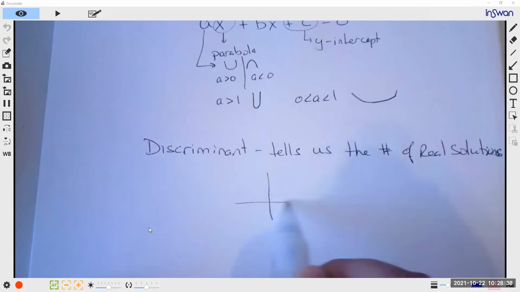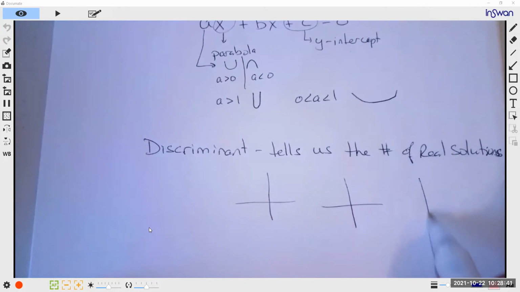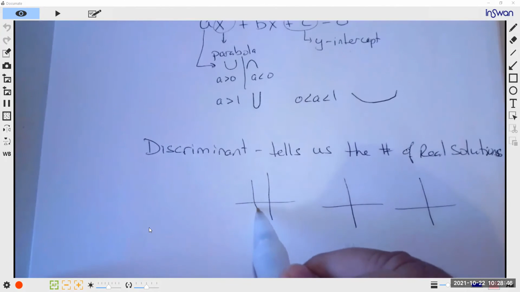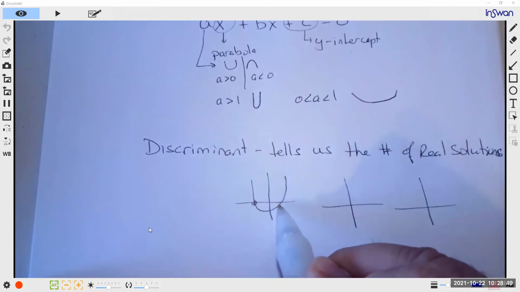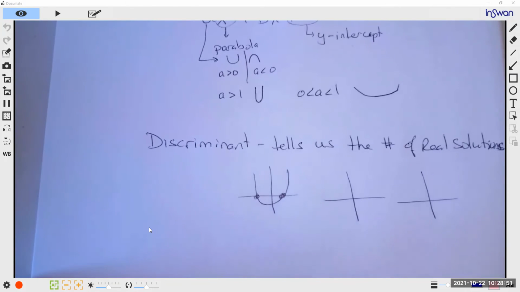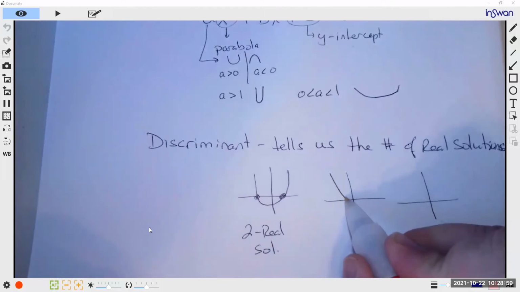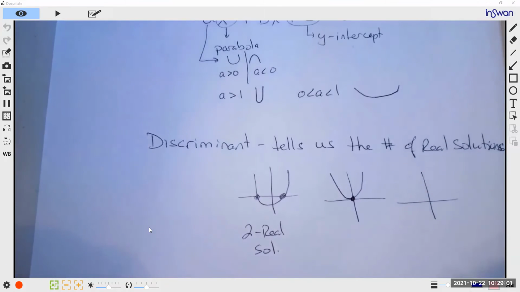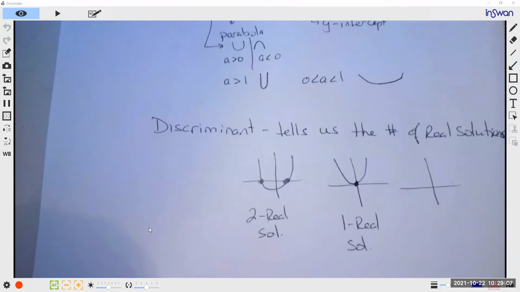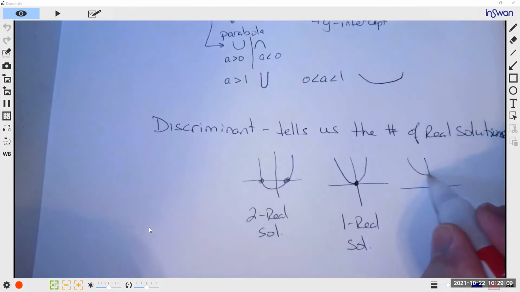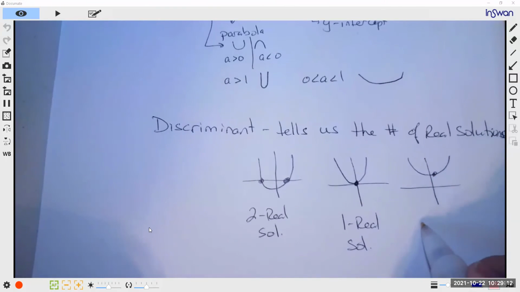Remember, a quadratic equation can have one of 3 possibilities. We can have 2 real solutions. We have 1 real solution. Or we have no real solutions.